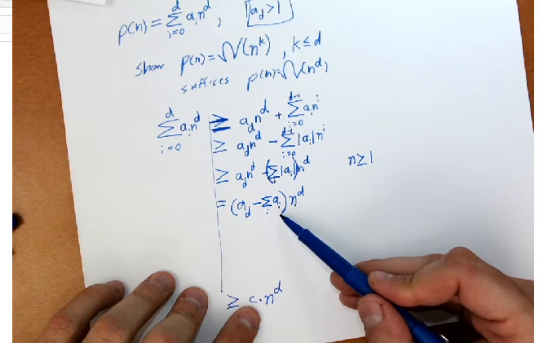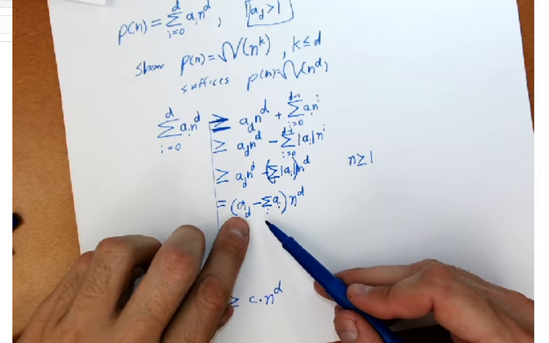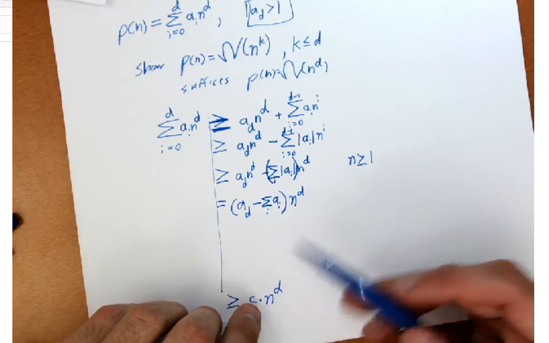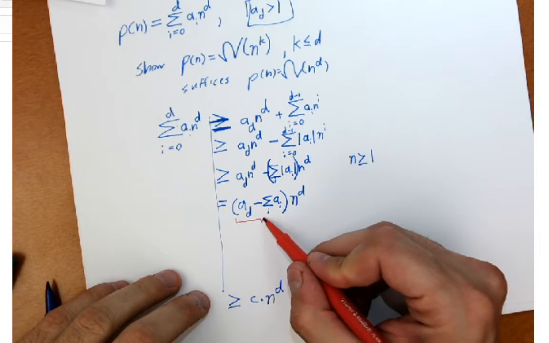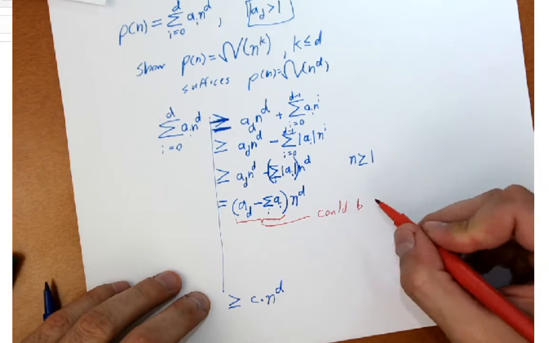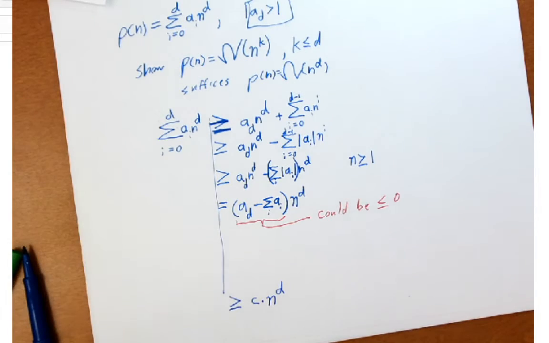But the problem is it's quite possible that this is negative, and your constant c needs to be positive, right? So let me just kind of indicate here, this might be negative, right? Could be negative. Or equal to 0. You can't even have it be equal to 0, right?